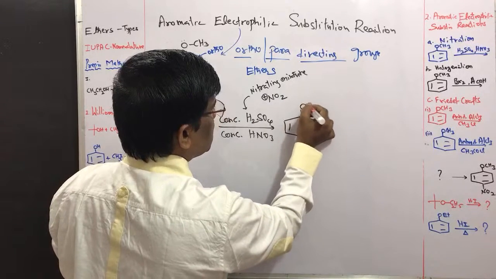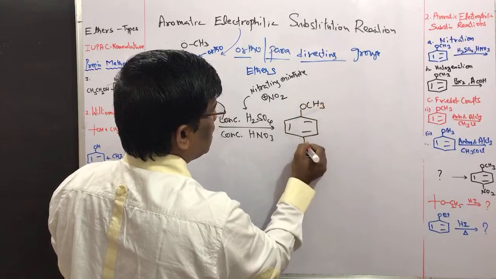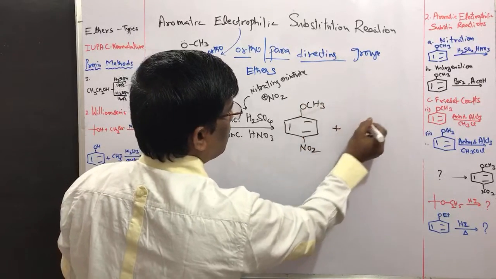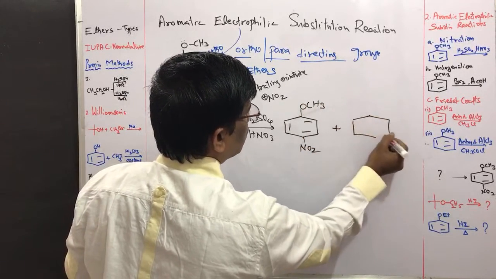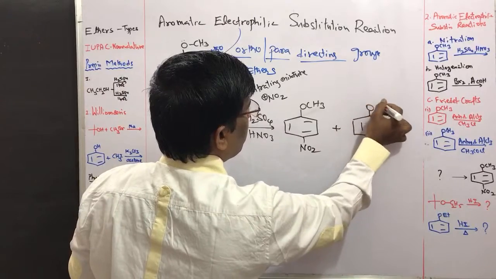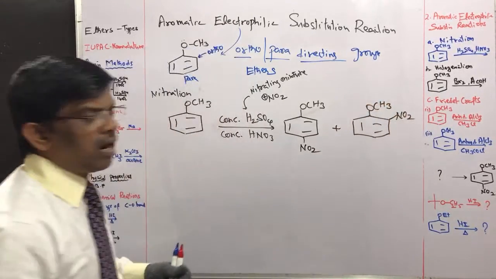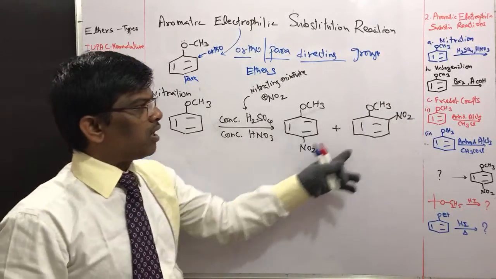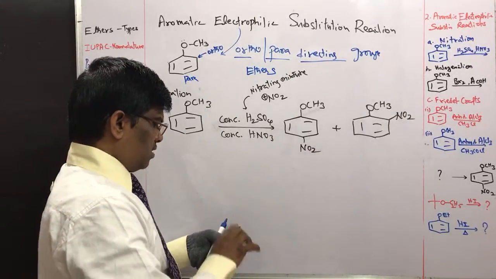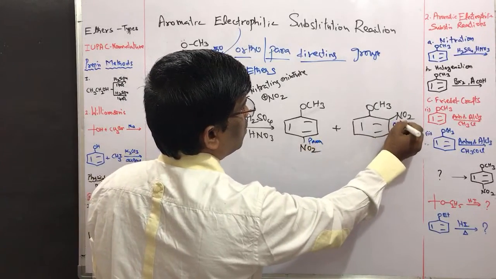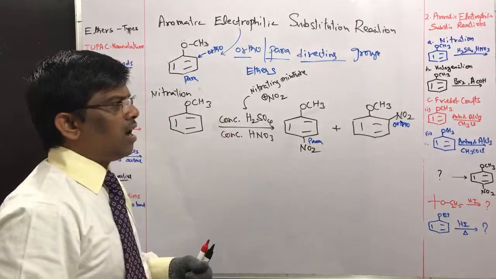What are the 2 positions? This is para, plus this is ortho. Do you have any guess which is going to be the major product among these two? This is para, this is ortho, right?